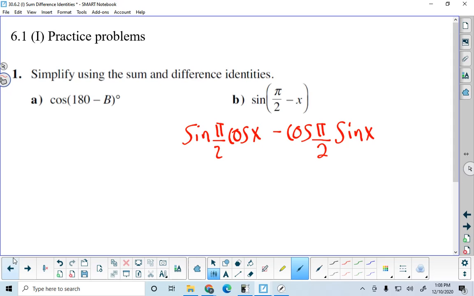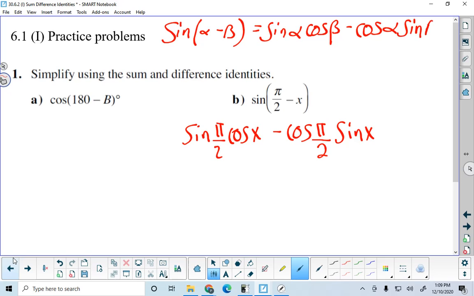The identity I'm using is this. So I want you to just pause for a second and make sure that you are aware of how I arrived at sine of pi over 2 minus x equals sine pi over 2 cos x minus cos pi over 2 sine x.